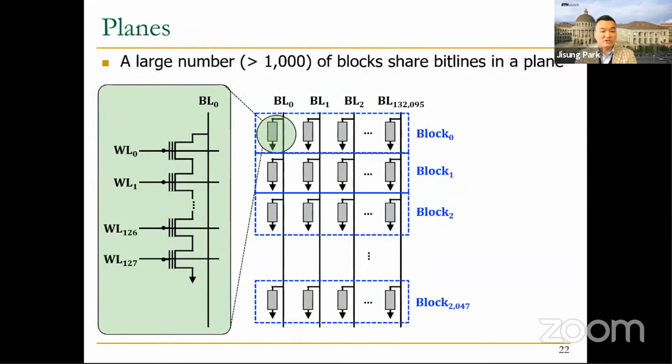Okay, and a large number of blocks, let's say typically more than 1,000, constitute a plane while sharing the same bit lines. Since the bit lines are shared by all the blocks in a plane, we need to make sure that accessing a word line in a certain block neither affects nor is affected by the cells in other blocks.